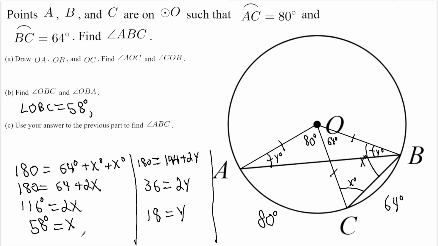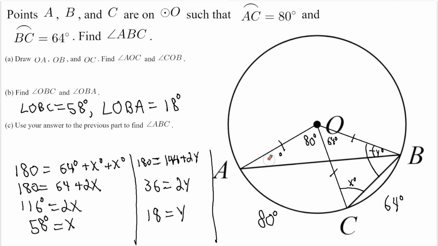Okay, so I'm going to clean up the picture a bit since now we have a better idea what's going on. Angle OBA is equal to 18 degrees. All right, let's clean up this picture a bit.